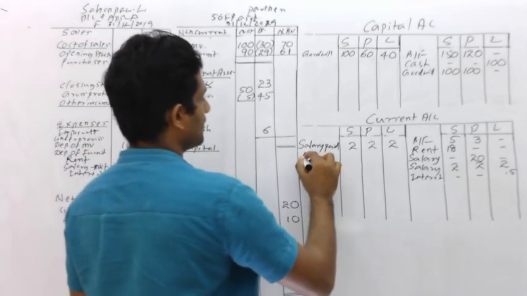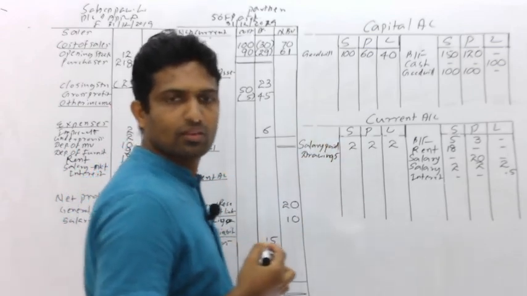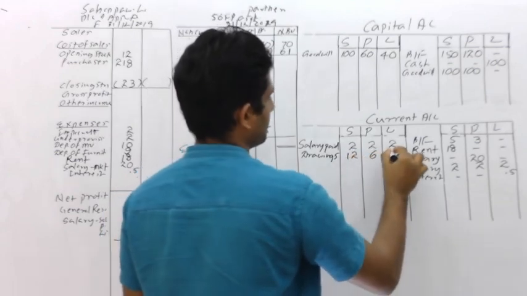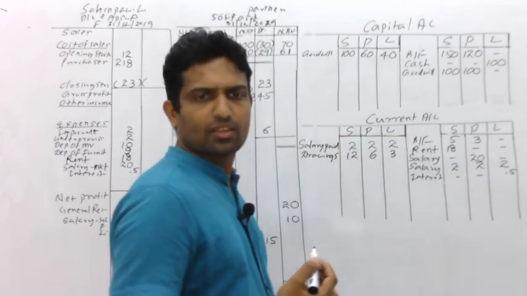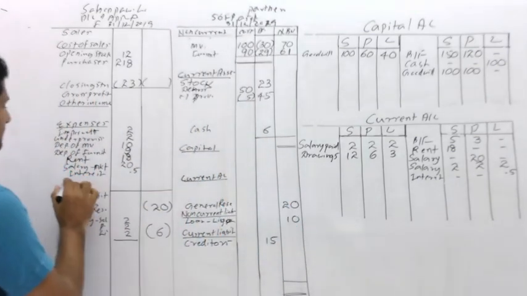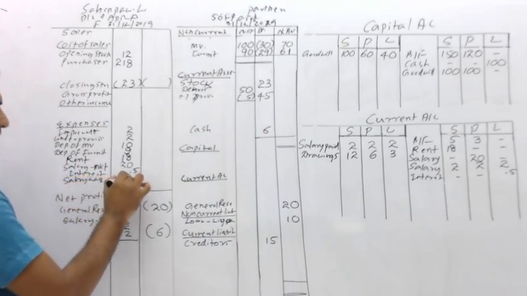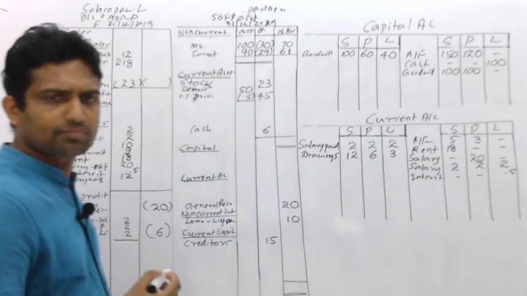Debit to partners' current accounts 12, 6 and 3. Next. Salary and wages, take as an expense here, 12. Next. Advertising 3.